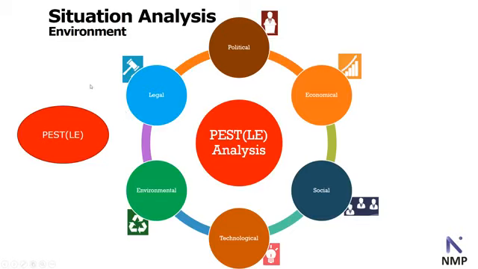The PESTLE analysis, as we said, is its political environment, the economical environment, the social environment. We've seen a lot of turmoil in many countries like the US, and technological advancements in all countries.